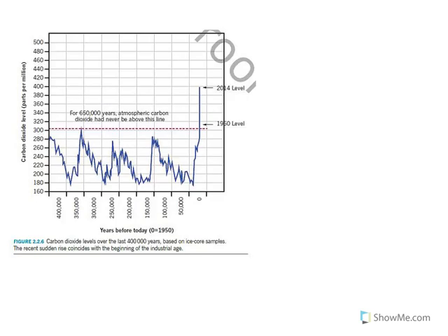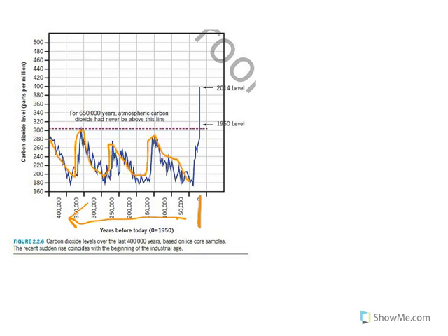Here's another one. In this picture, here we are today, and these are years before today. Again, these are ice core samples, looking at the carbon dioxide in the bubbles of air inside them. As you can see, it does go up and down.